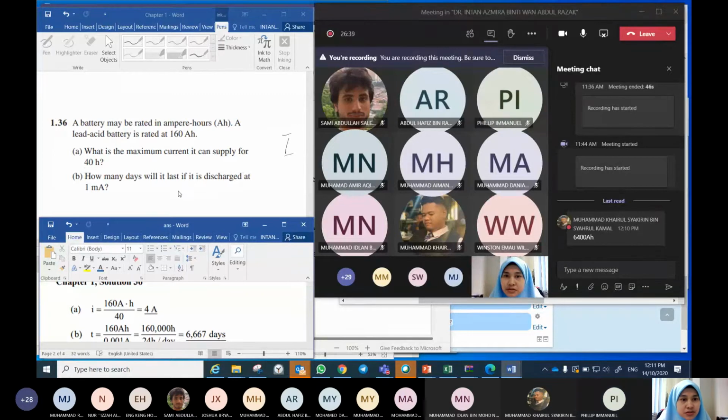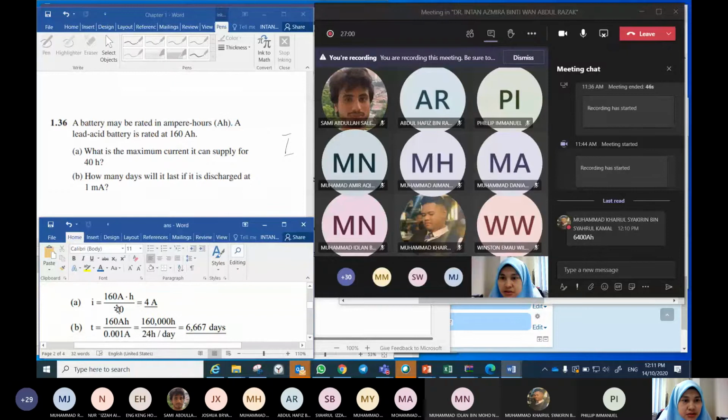Now we move to the next. How many days will it last if it is discharged at 1 milliamp? So again, we play with the unit. The rating is 160 Ah.